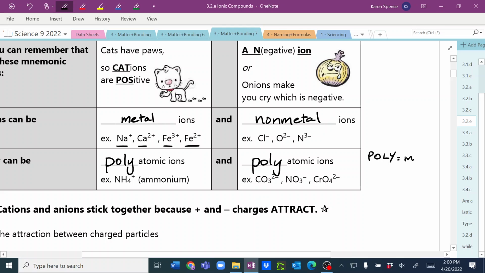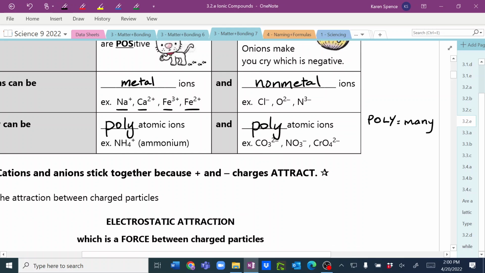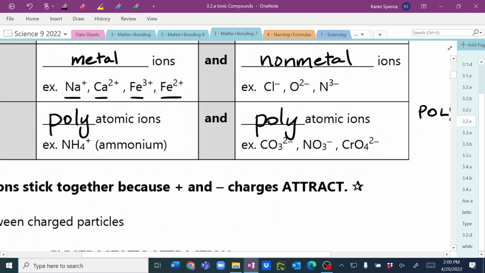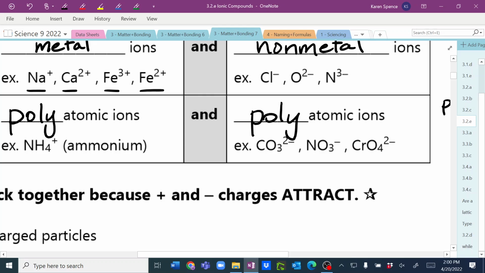Poly means many. So if you look at this polyatomic ion that we have here, how many atoms are in this polyatomic ion? Count them up and tell your partner.